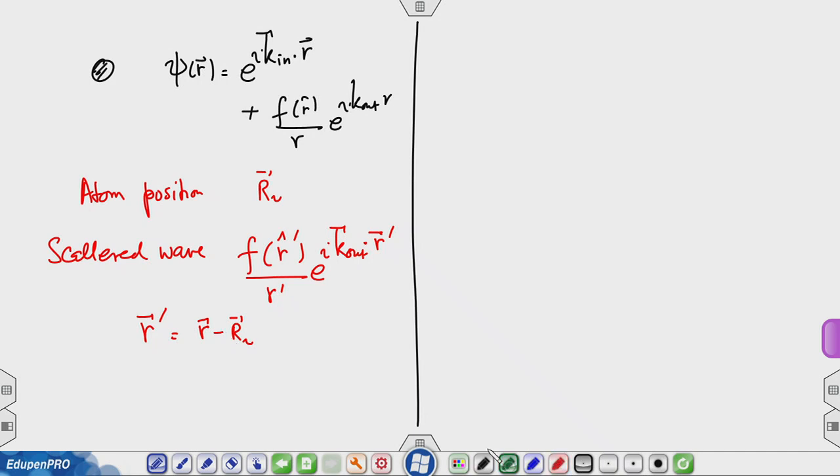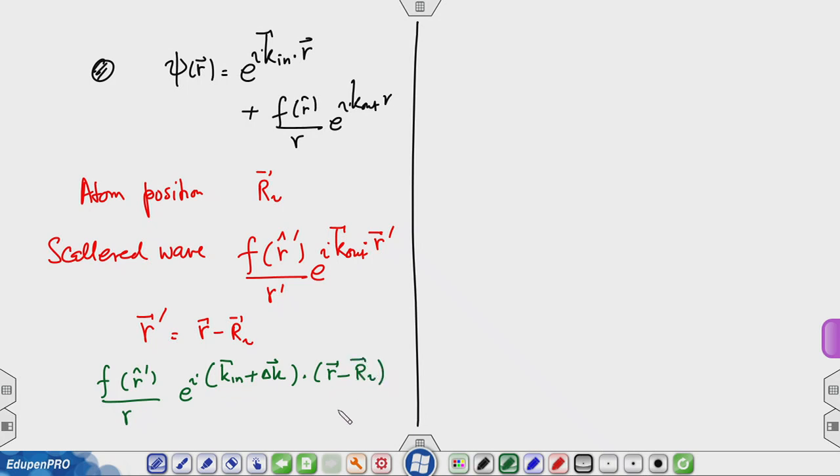and therefore, the scattered amplitude is f of r prime over r, if r is much greater than the atomic position, I wrote this as r e raised to i k in plus delta k dot r minus r i.